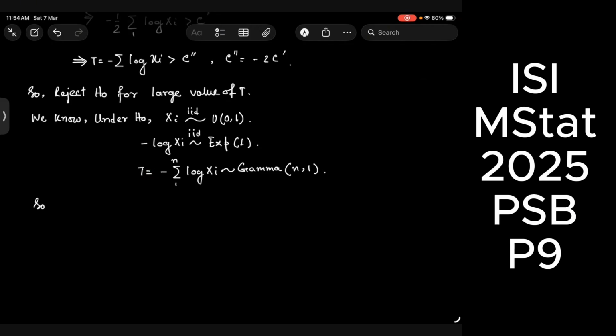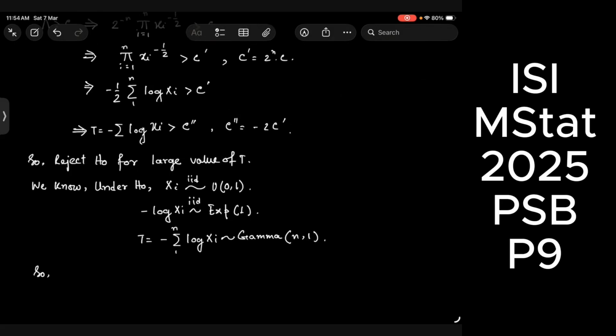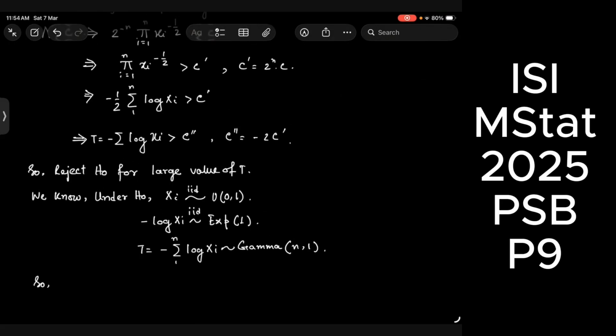So if we multiply with negative half, it will be a chi-square. How? What is the definition of chi-square?